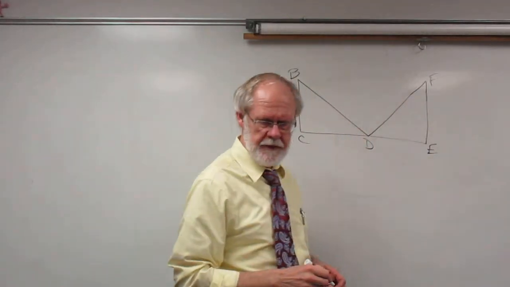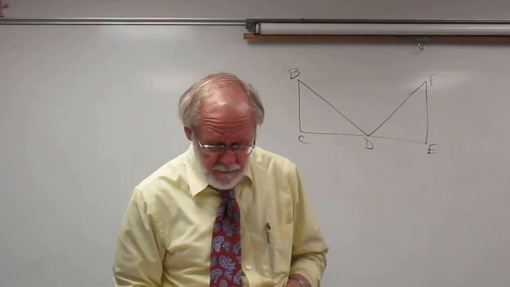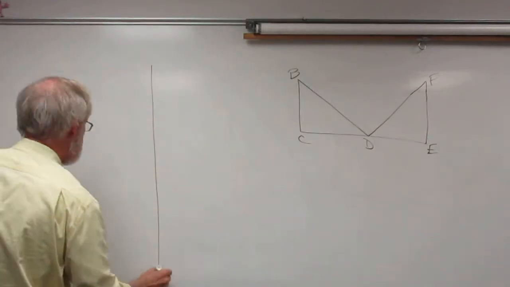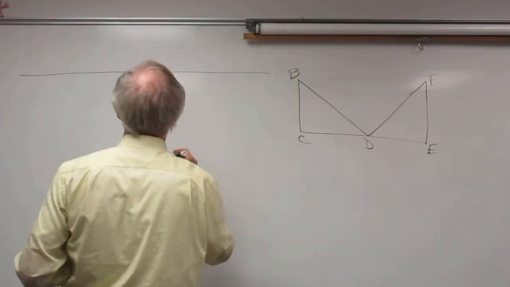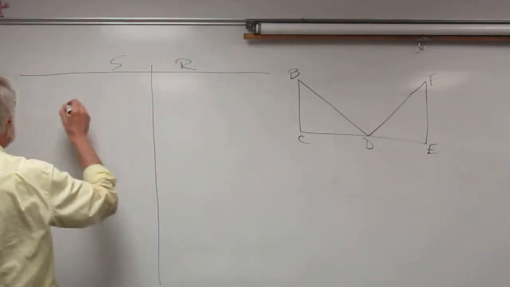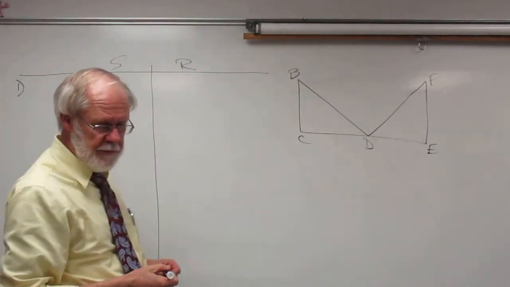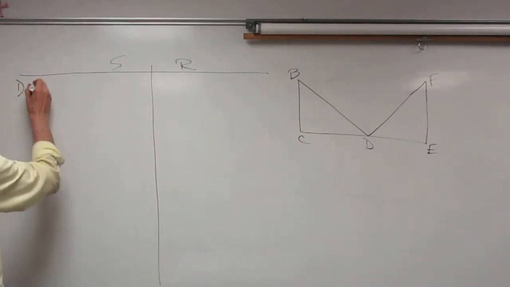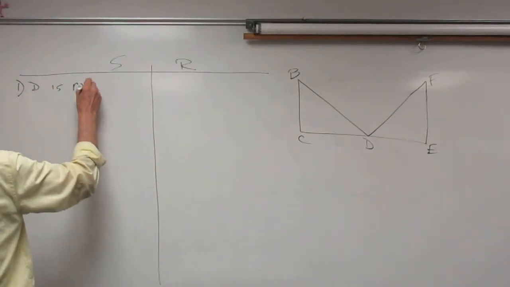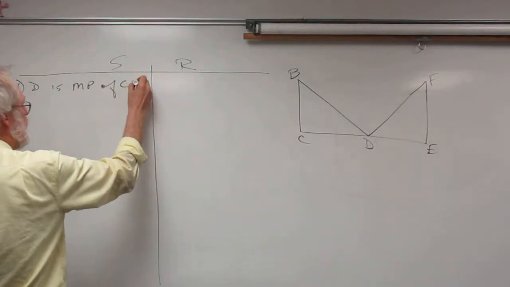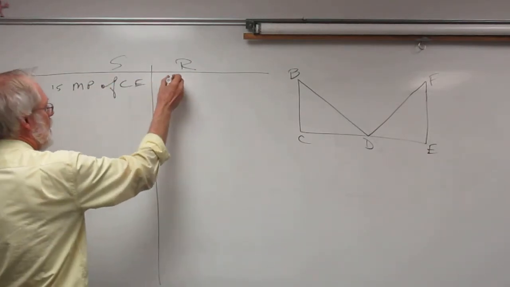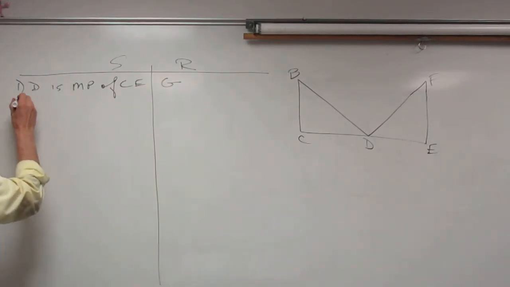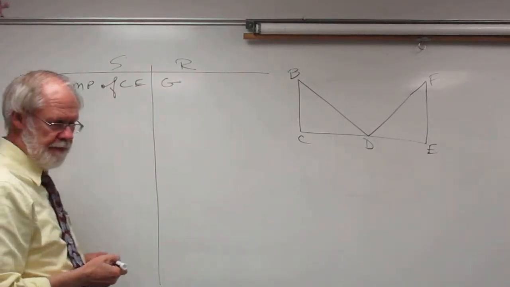And we're trying to prove these two triangles congruent. Now, you're given information over here, this is statements and reasons. Number one, first piece of given information, D is the midpoint of CE. That's given. Number two, more given.